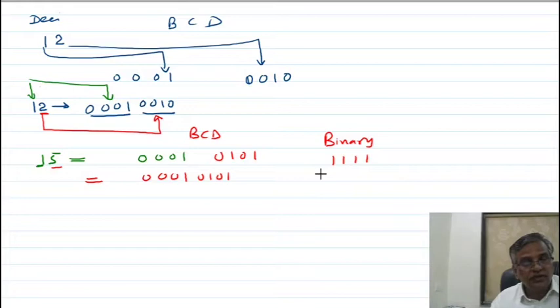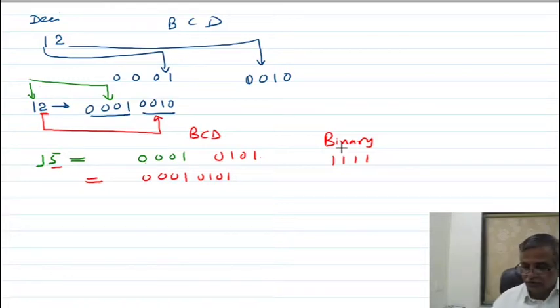So from this you can say that BCD code is not as efficient as binary. The reason is that BCD code requires more space and more time to transmit compared to binary.